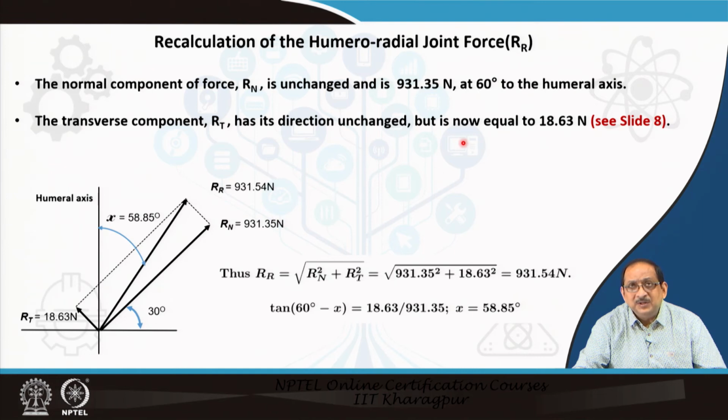So, once we have these two data, we can recalculate the revised humeroradial joint reaction force as 931.54, and the angle x, the inclination of this resultant force with the humeral axis, can also be calculated, which is 58.85 degrees.